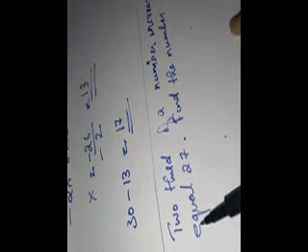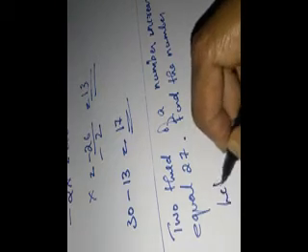Increase means plus 5. 2/3 of some number, increased by 5, you'll be getting 27. So first we assume let the number be x. We can assume this number as x.